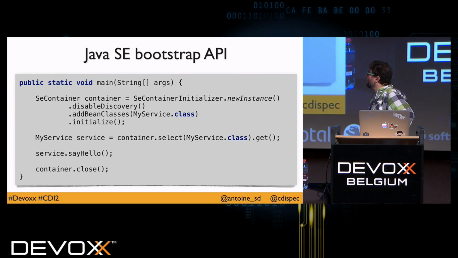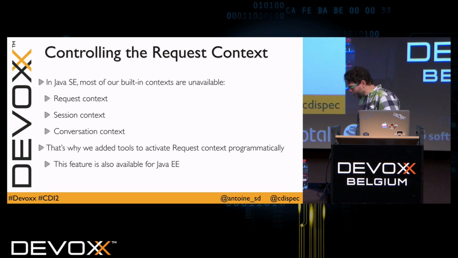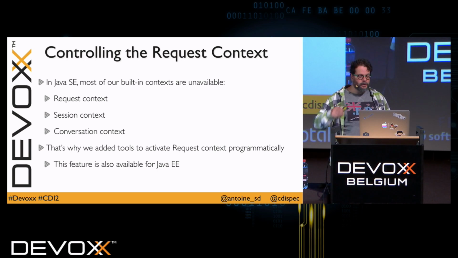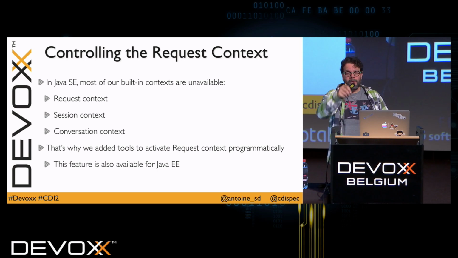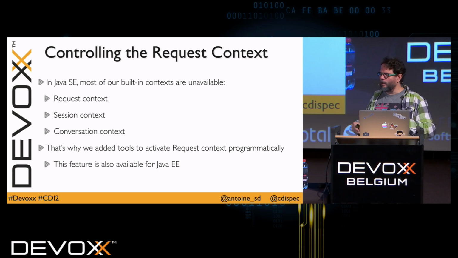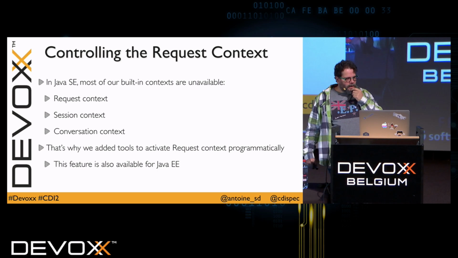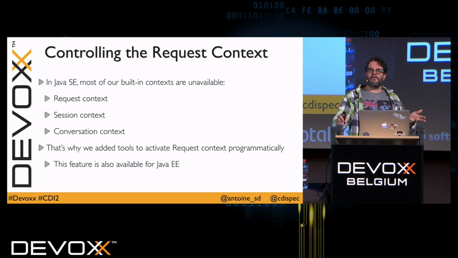One of the problems we have with the SE support is the context we have in CDI. So in CDI we have a bunch of built-in contexts. You can add your own context, but we provide contexts for application, for request, for session, for conversation. And of course, when you are under Java SE, most of these contexts are not available.